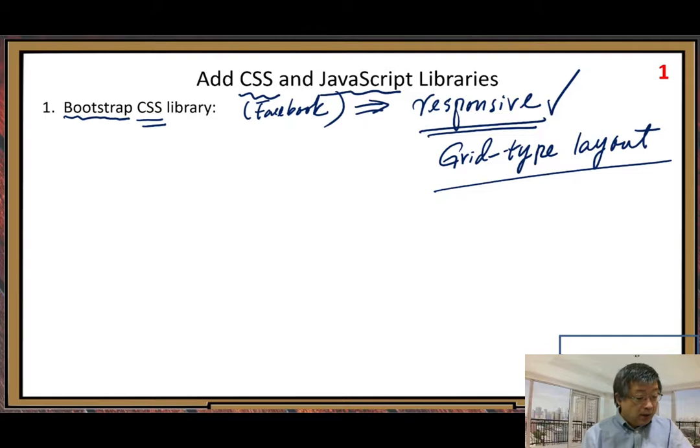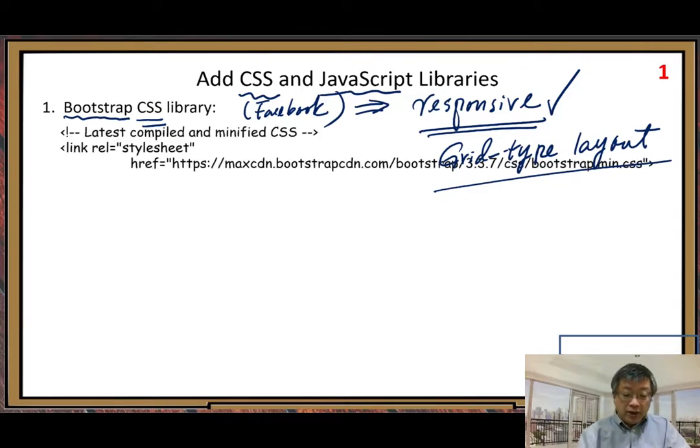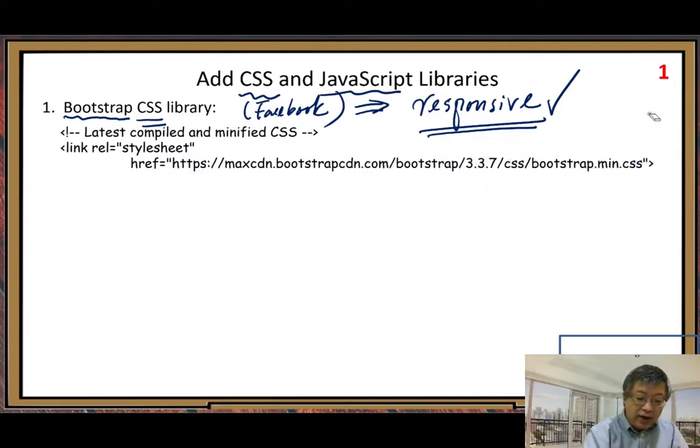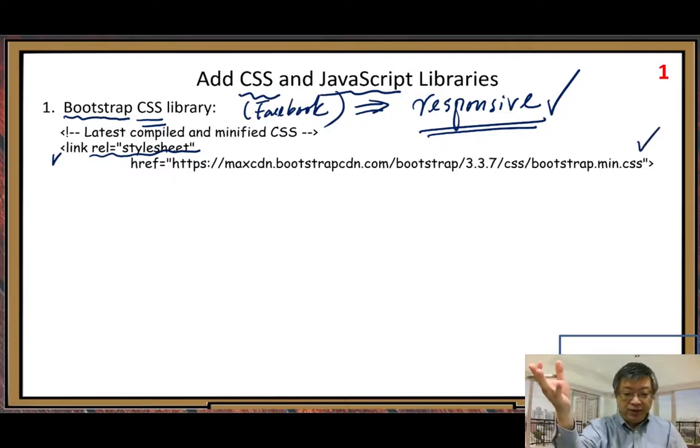All right, but in order to use the Bootstrap library, you need to add it to your page. The code is very simple. In the header part of the page, you add the link: link, CSS, the type, stylesheet, the type of resource, then the URL of the library, the location.